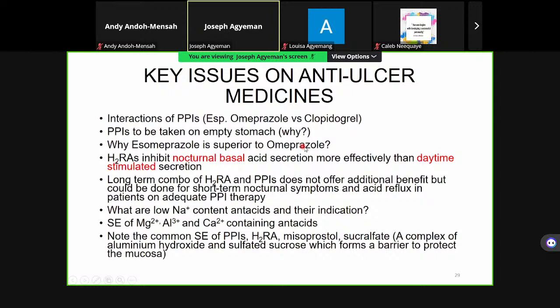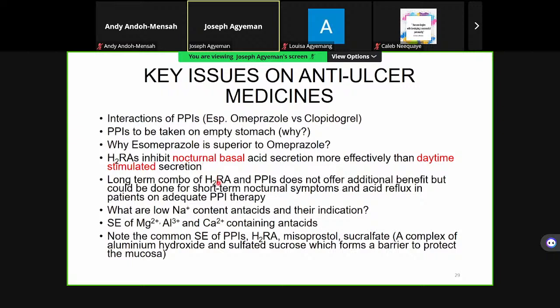So ideally, it will give what? Half of the effect that the S isomer will give. H2 receptor antagonists have been found to be very, very effective when it comes to nighttime basal acid secretion. So people who get symptoms, excessive pain at night, you may consider giving them H2 receptor antagonists to control nighttime acid secretion.